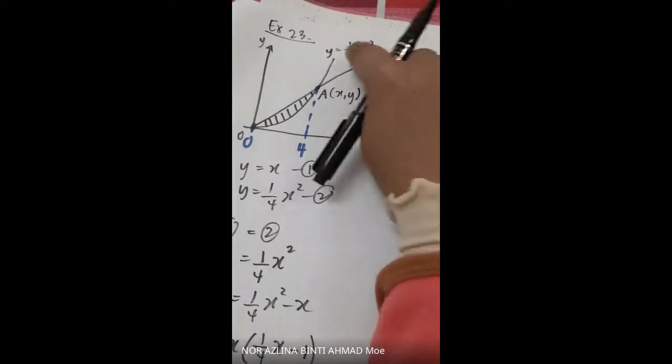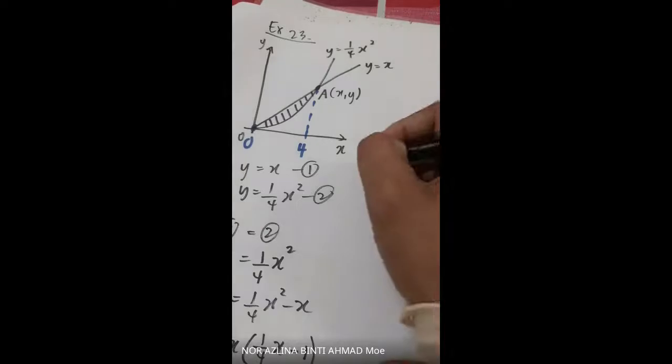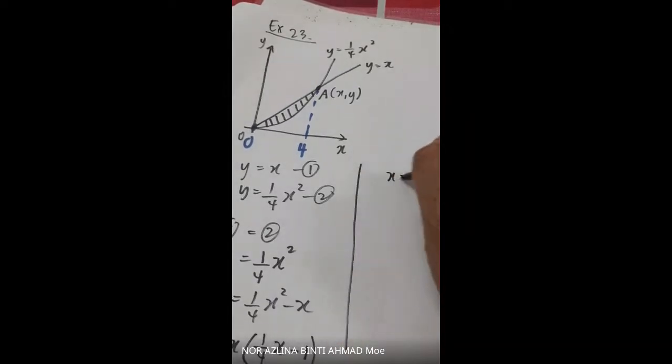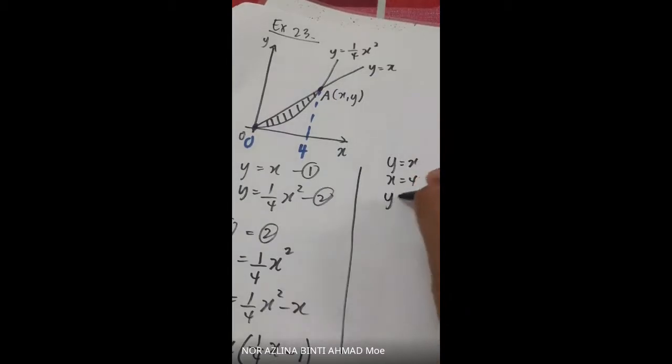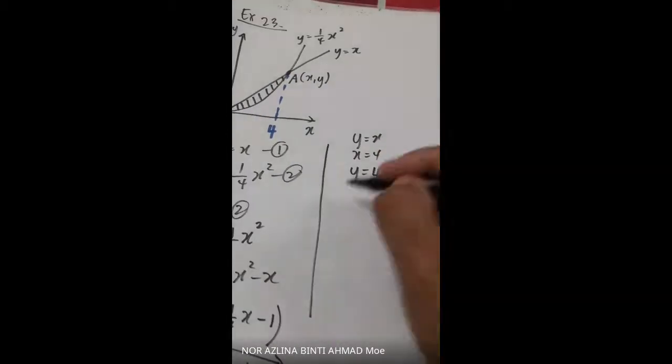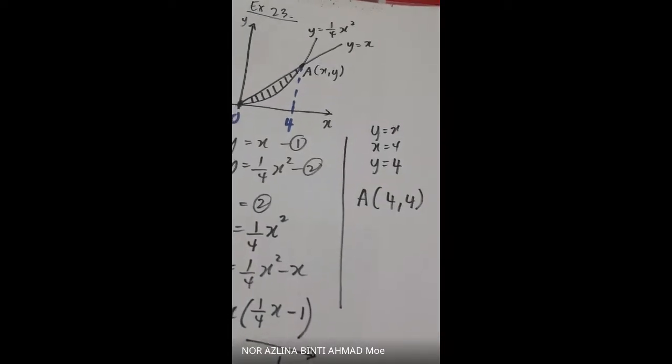So you can substitute either one. So I substitute into the first equation, lagi senang. So when x equals 4, y equals x, so y equals 4. So the point A is (4, 4). Understand guys for A?